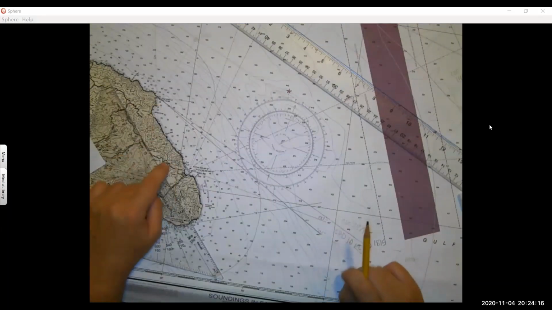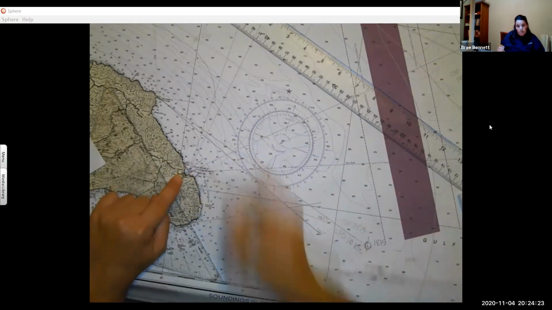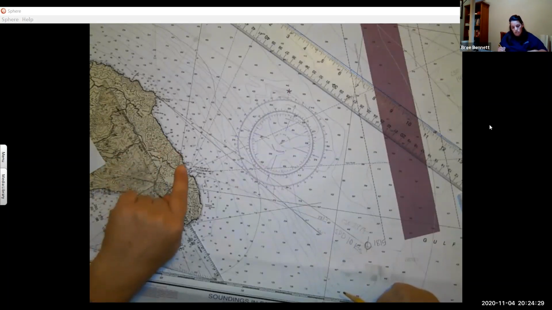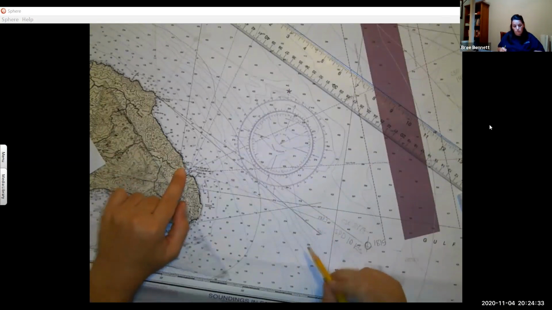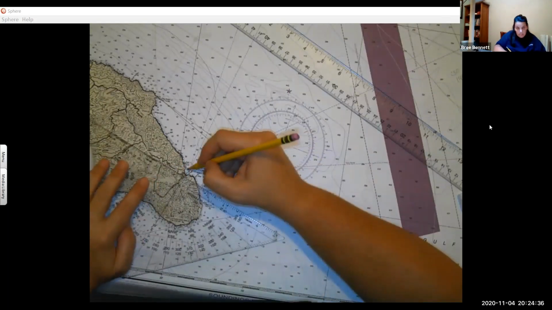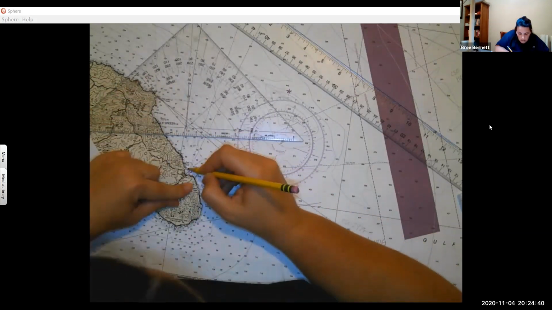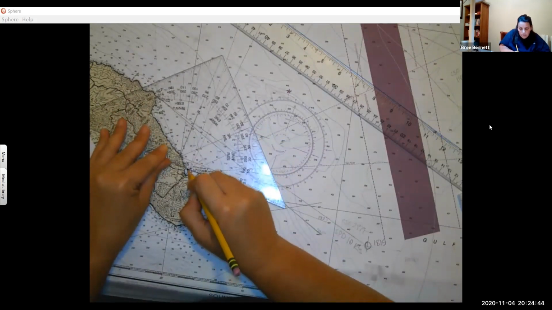Great. And then from my light 2, so that's going to be this light here, the one on the northwest side, is going to be bearing 282. So I'll put my pencil on the light in question, and then I'll find 082.